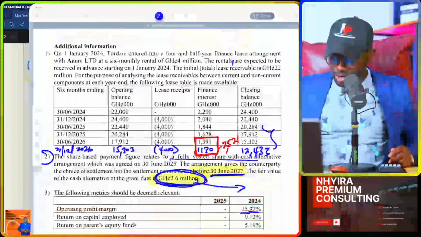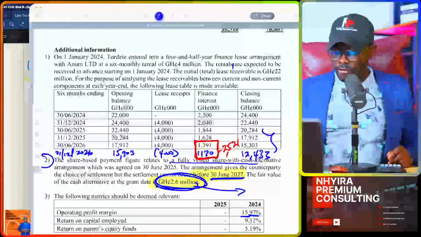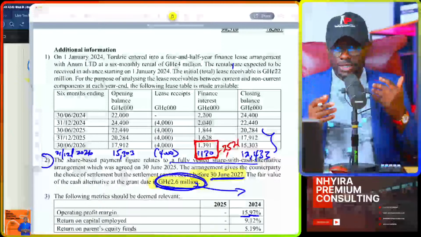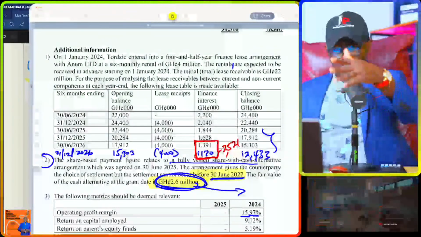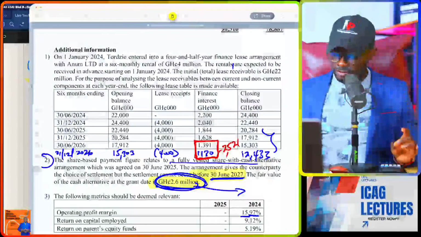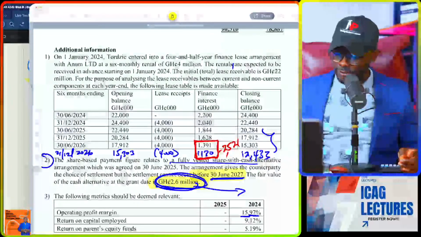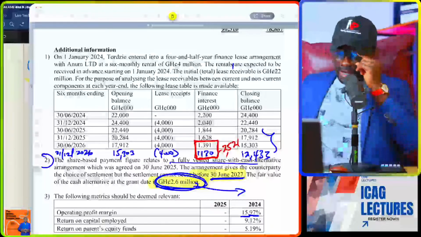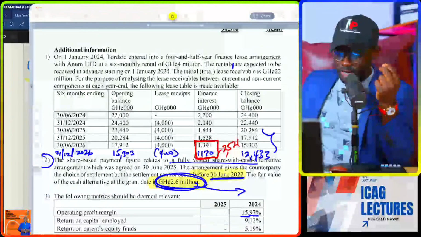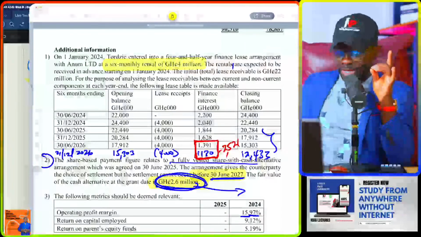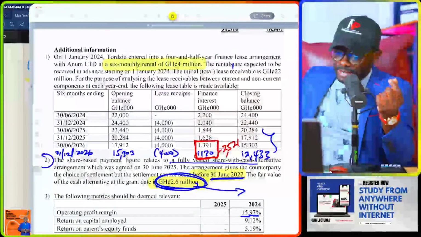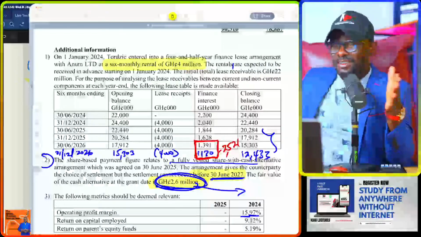Okay, so let's go read note 1. On 1st January 2024, remember we are in 2025, so a year ago, Toji entered into a 4.5-year finance lease arrangement with Enum Limited at a 6-monthly rental of 4 million. The rentals are expected to be received in advance.